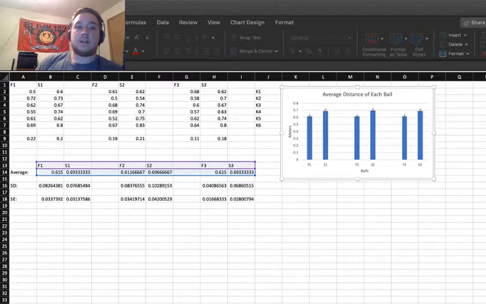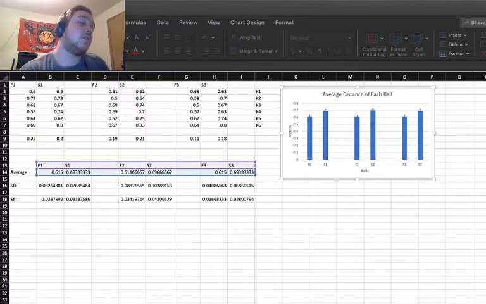For my data, as I said previously, I kicked each ball 6 times, and they were randomly placed into groups. The graph on this slide is the average distance that each ball was kicked, as well as the standard error bars for each kick.